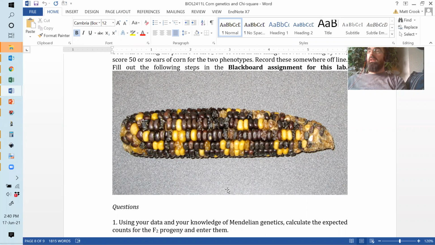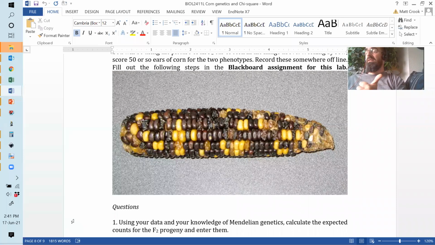Hopefully. So at the end of the day, it doesn't matter two hoots whether this is corn or gerbils or who knows what. Corn are easy because you get a whole bunch of F2s in a small space. If you wanted to count 60 gerbils, that would just be a crazy mess in the lab, right? But what we really care about is how well you understand Mendelian inheritance, right?